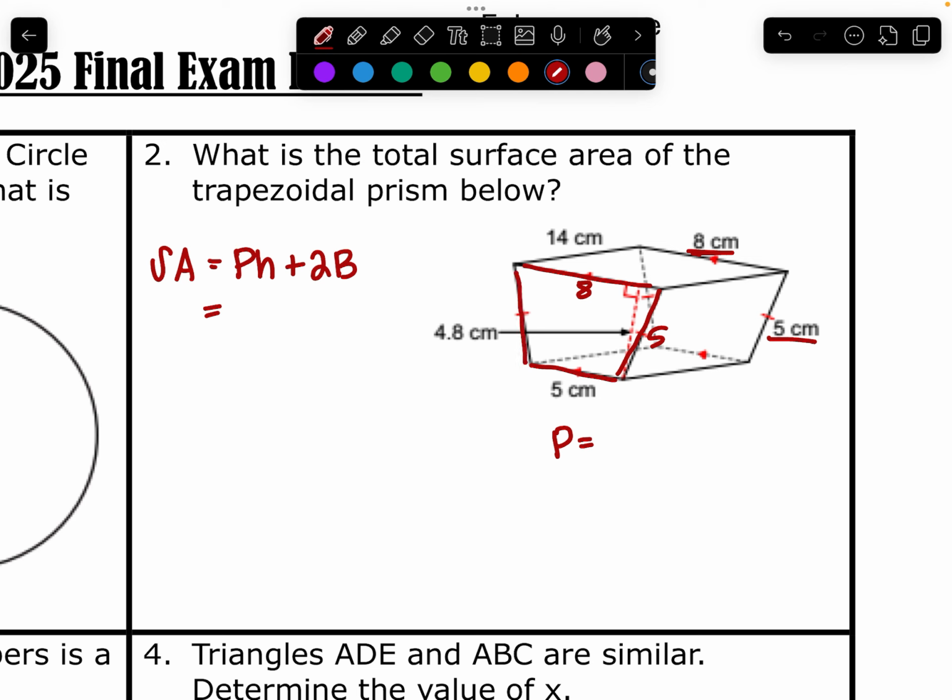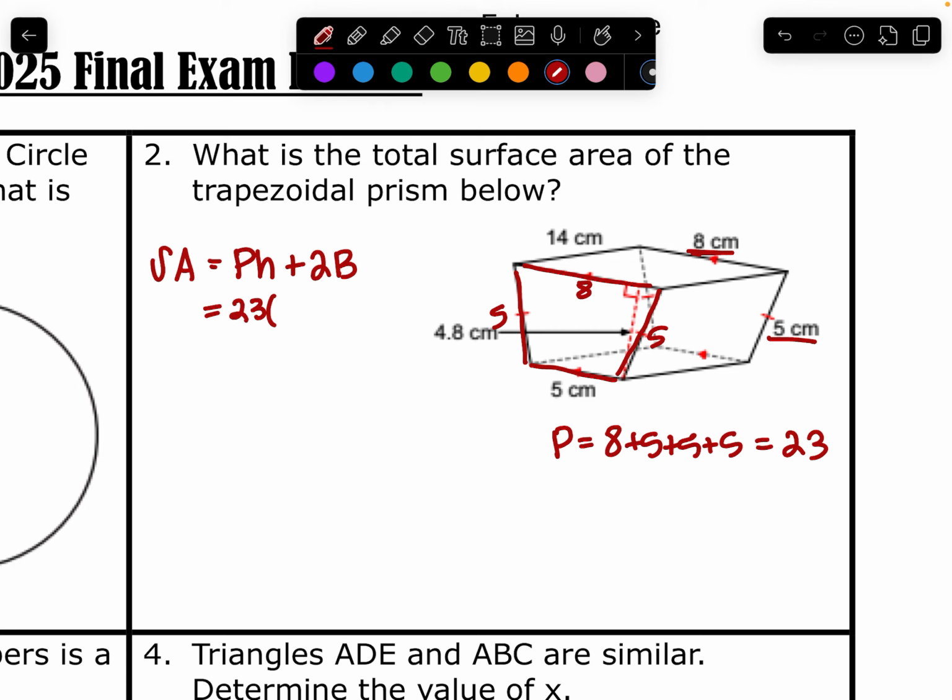We know that these two are the same because of these little markings. So 8 plus 5 plus 5 plus 5 is going to be 23. So the base perimeter is 23. Don't forget that's base perimeter, not just perimeter.